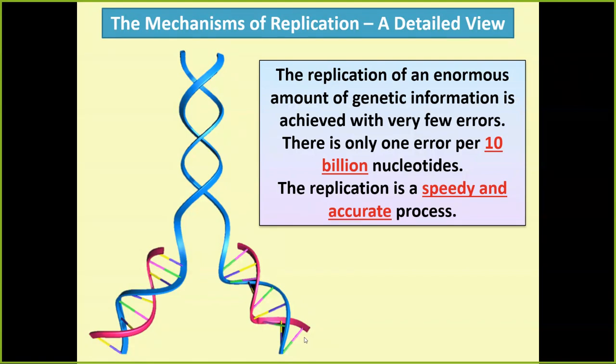Remember, each one of your cells has 23 chromosomes, technically 46, because we have 23 pairs of chromosomes. Each chromosome is millions and millions of nucleotides long. And you're not going to make that many mistakes. I think we make more mistakes as humans when we're copying our friends' homework, which is kind of crazy.